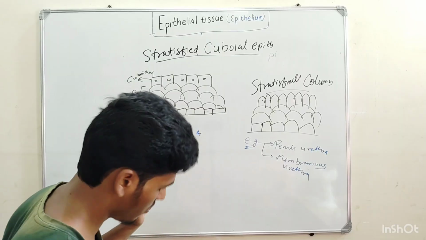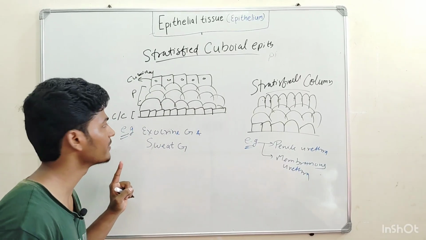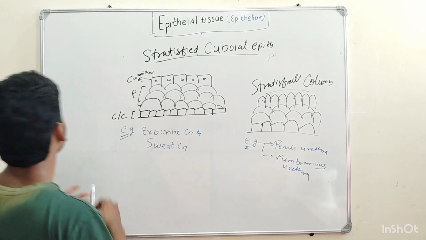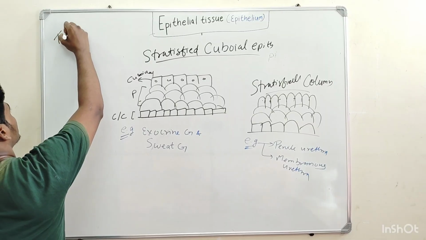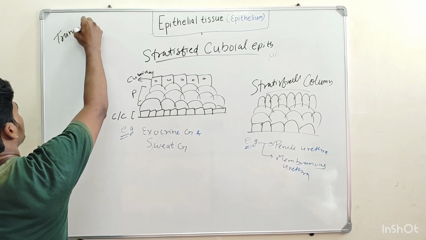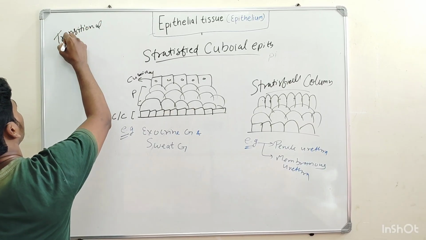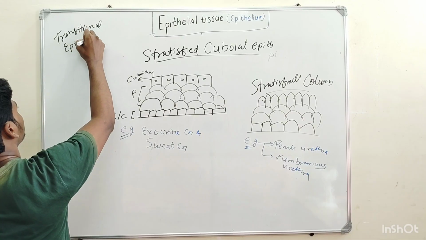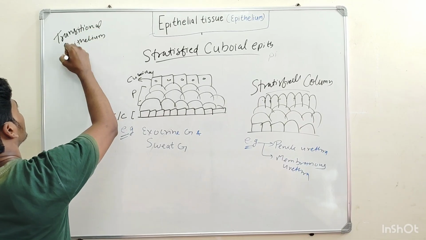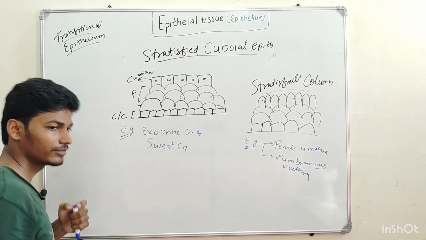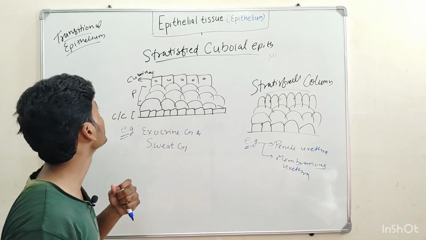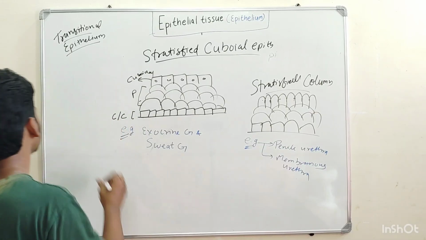And there is one more type of epithelium that is called transitional epithelium. You can say it is a special kind of epithelium.